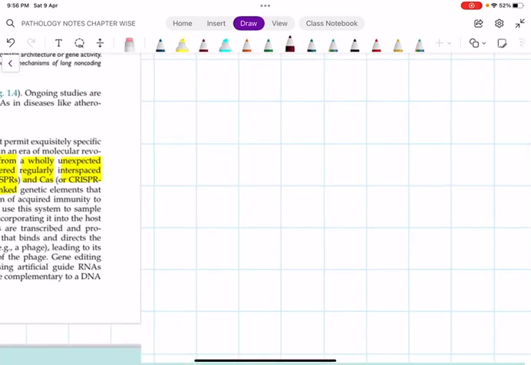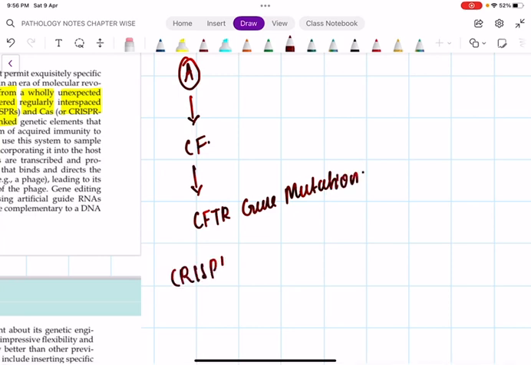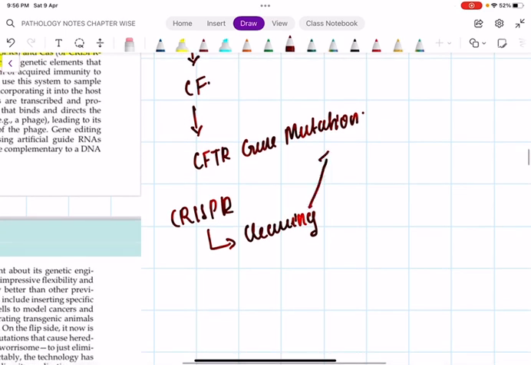For example, consider patient A. The patient A has cystic fibrosis. Cystic fibrosis occurs as a result of CFTR gene mutation. So what I am doing, I am using CRISPR. CRISPR is actually like a cleaving enzyme, like endonucleases. It will cleave the mutated gene.